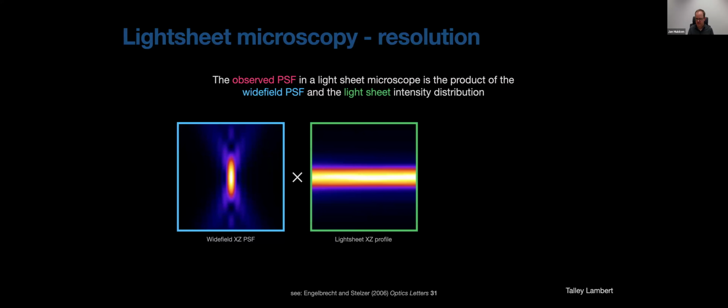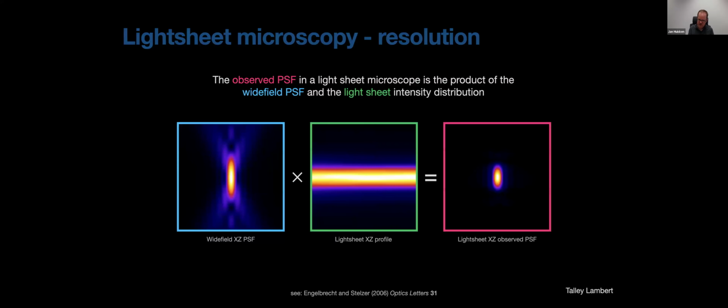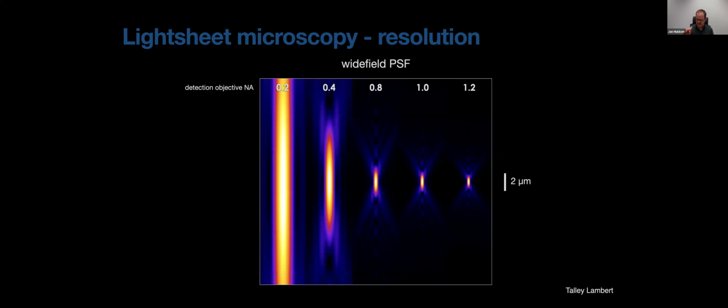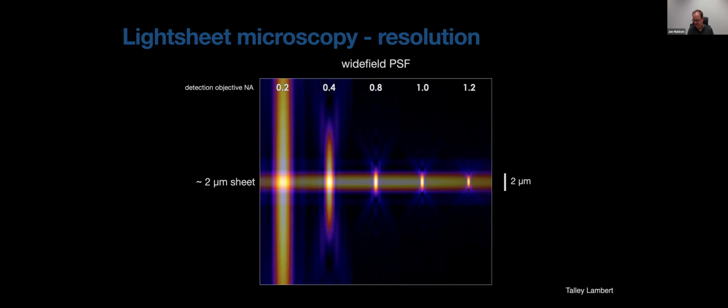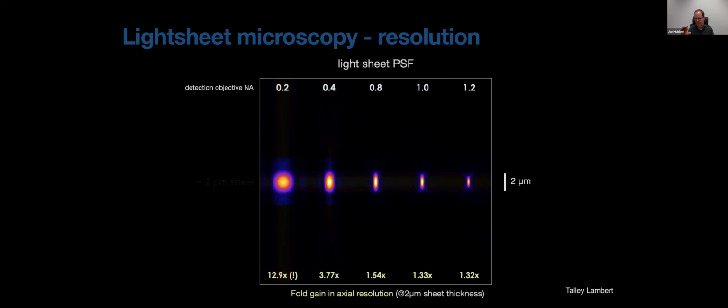And just very briefly, in light sheet microscopy, the ultimate resolution is determined by your detection PSF, which is a wide field PSF, and your light sheet profile. If you multiply the two, you can improve the axial resolution quite well. And this has mainly a prominent effect in the low NA case, where you can really severely enhance the axial resolution.